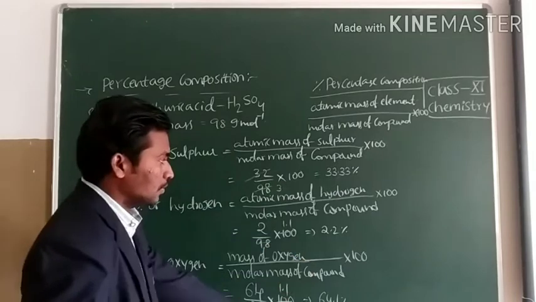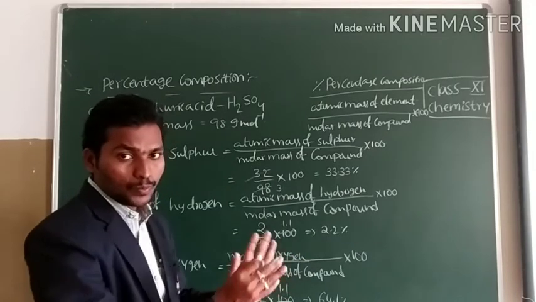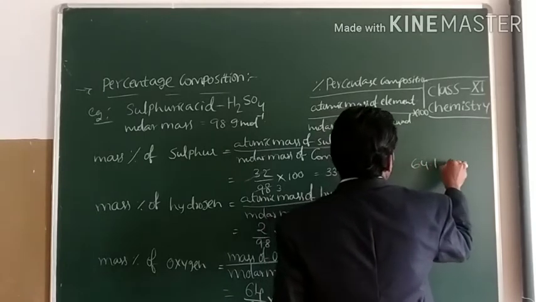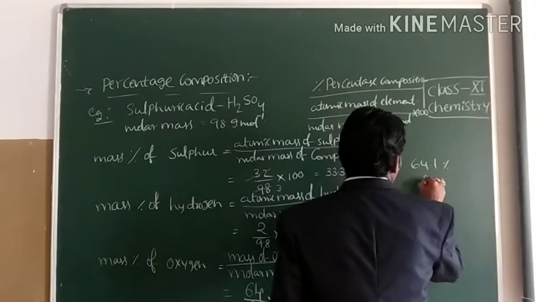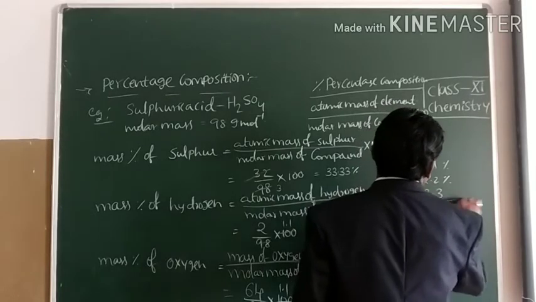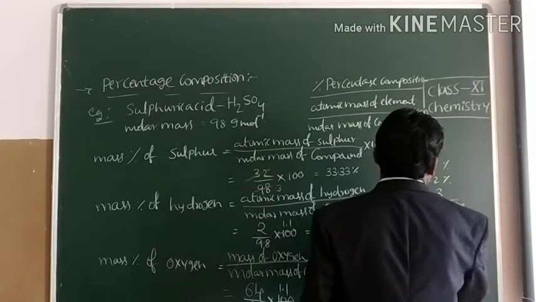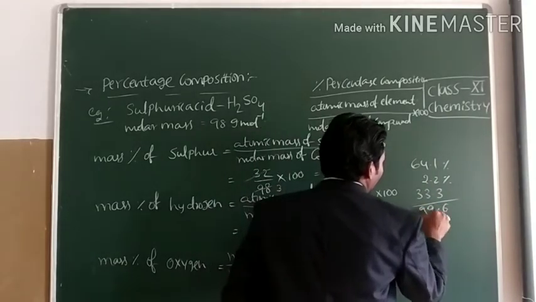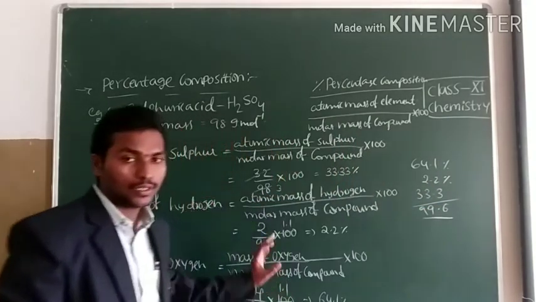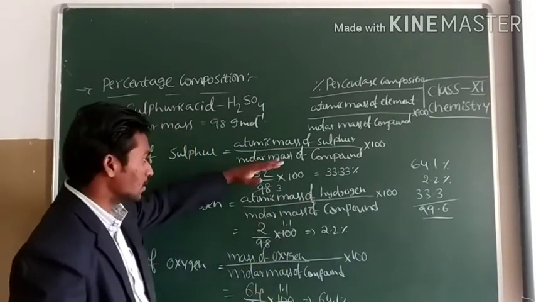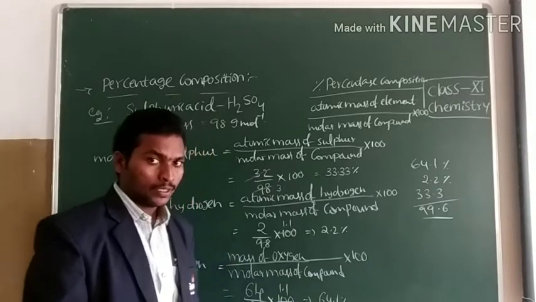When we add them, we should get the total composition as 100%. Let us add them: 64.1%, 2.2%, 33.3%. 4 plus 2, 6 plus 3, 9. So 99.6%, roughly 100%, because we have considered approximate values.